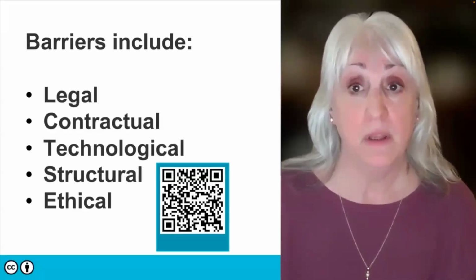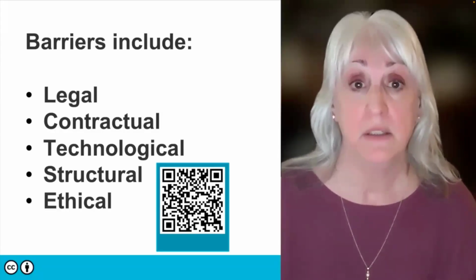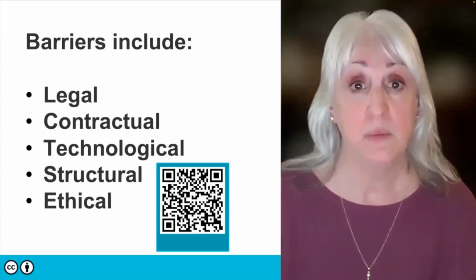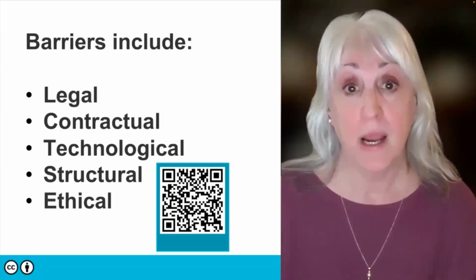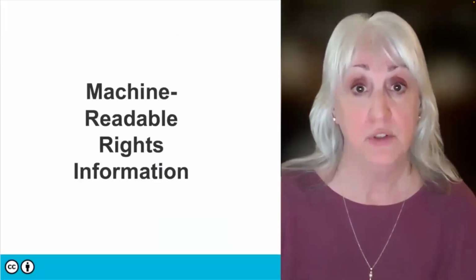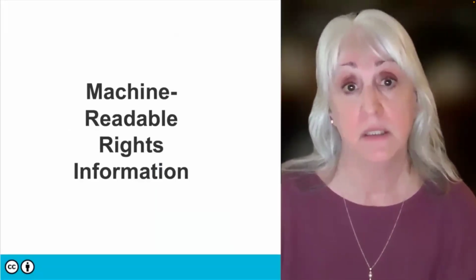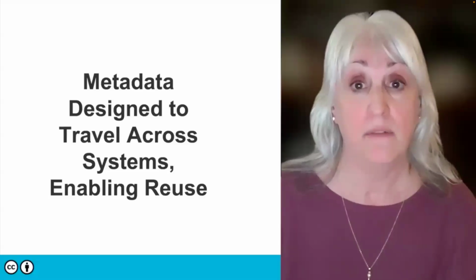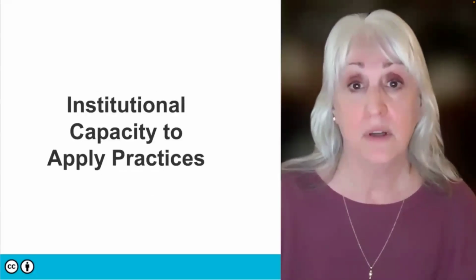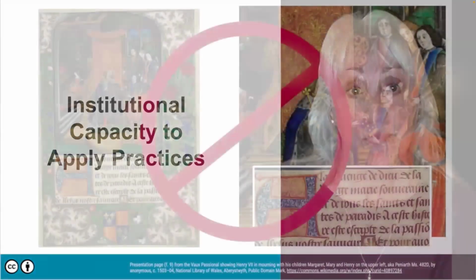For those working with IIIF, this guidance is most consequential where policy decisions shape digital workflows, particularly around rights labeling and the downstream usability of metadata. In practice, this means clearer classification of public domain works, machine-readable rights information embedded directly into IIIF manifests, metadata designed to travel reliably across systems and enable reuse, and the institutional capacity to apply these practices confidently and responsibly.